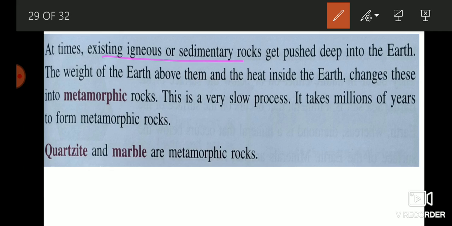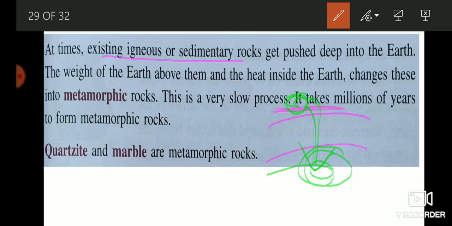So when they reach the deepest part under the surface of the earth, what happens? Like, this is the earth crust, and this is the surface. From the surface, igneous rocks and sedimentary rocks sometimes go deep under the earth surface.